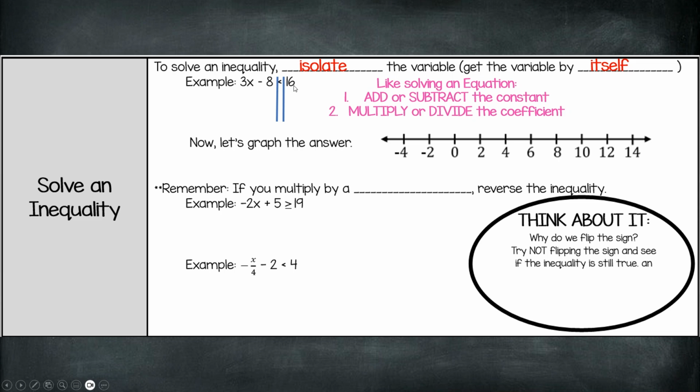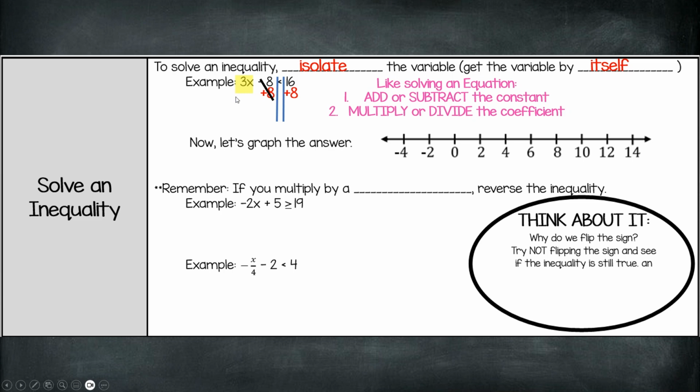So if I'm looking at these terms, the constant is the negative 8. Okay, so we're going to add 8 to both sides of our inequality because we want to get this variable here by itself. So if I add 8 to negative 8, it's going to become 0.